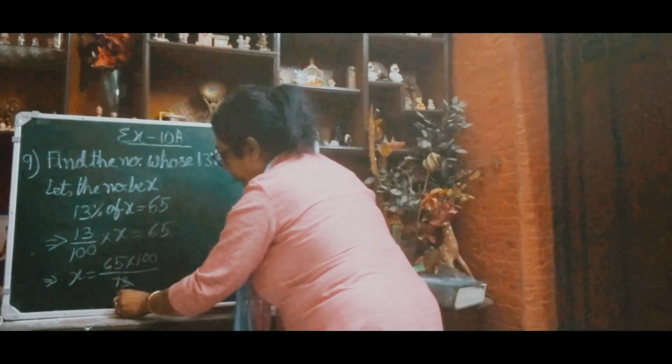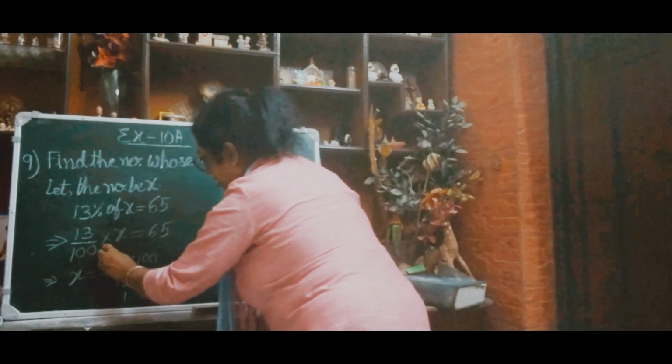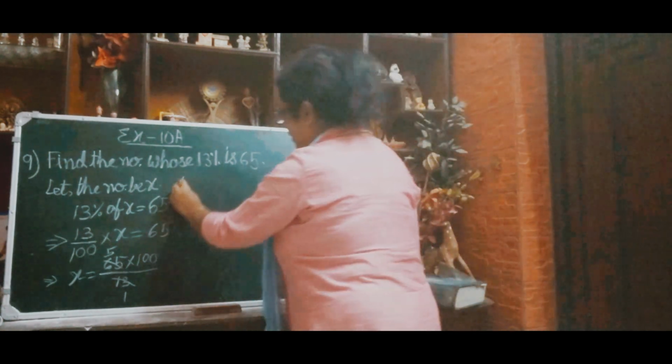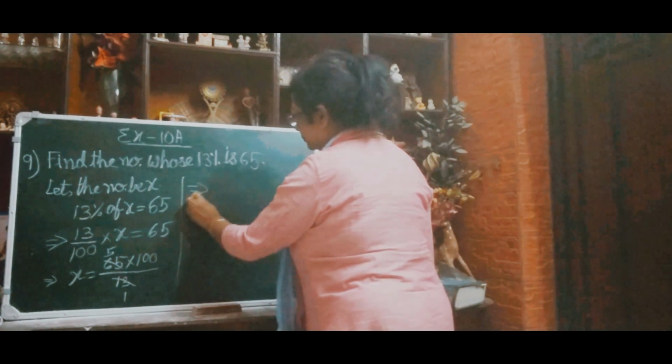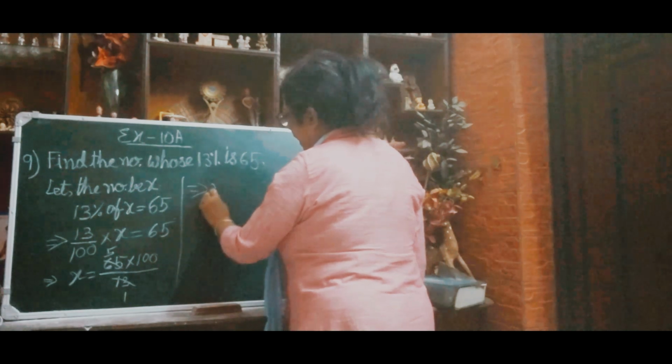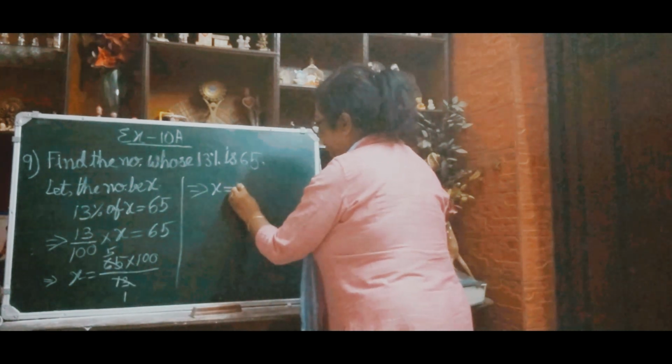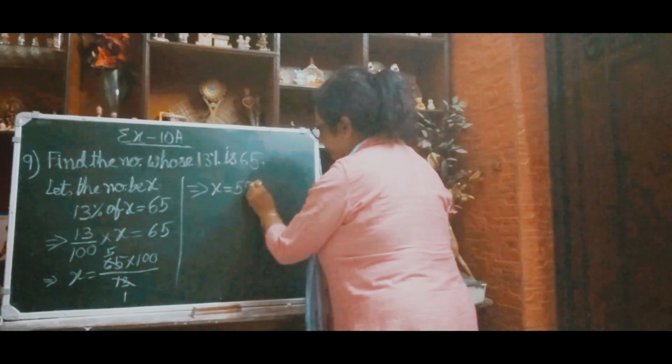Now 13 ones are 13, 13 fives are 65, easily we can cut. That implies x equals 5 into 100, that means 500.